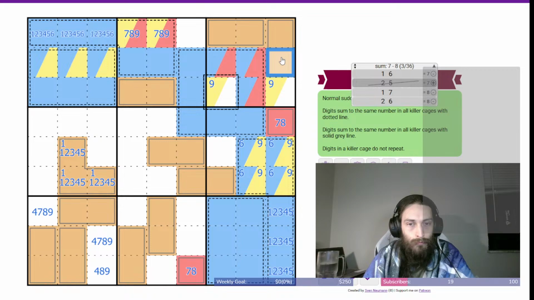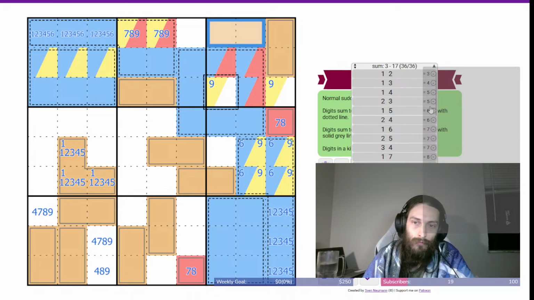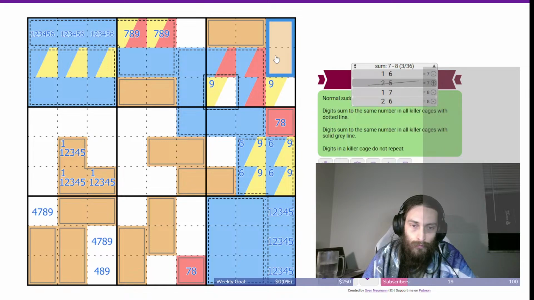It's either 1, 2, 6, 1, 3, 5, or 2, 3, 4. And the other orange, 7 or 8, is going to have one low digit. So that's all 3 of the digits from 1 through 3. So the bottom is going to be 1 or 2 of the orange, and the top is going to be 6 or 7.